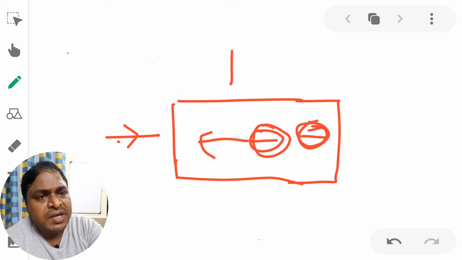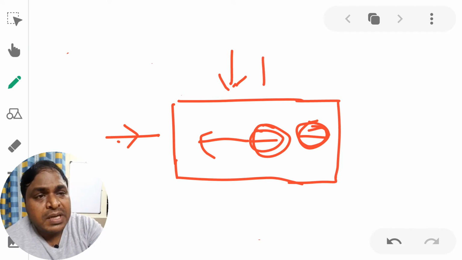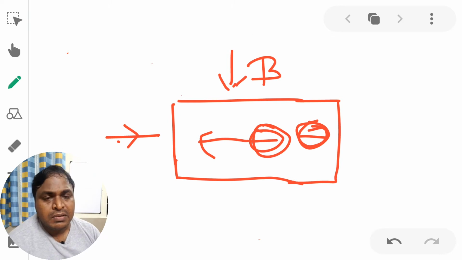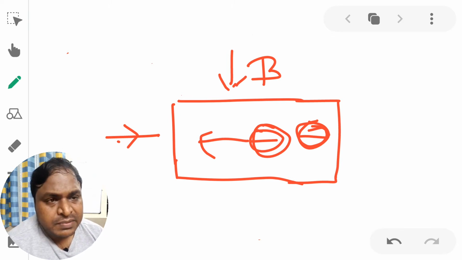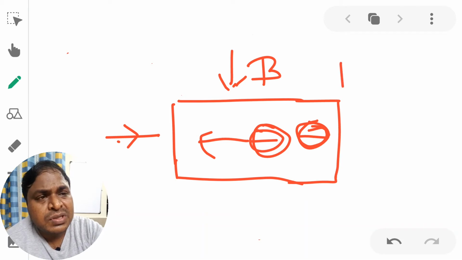Suddenly when you keep this semiconductor in the direction perpendicular to the magnetic field, or if a magnetic field is given to that semiconductor, the electron experiences a magnetic Lorentz force. What is magnetic Lorentz force? BeV.